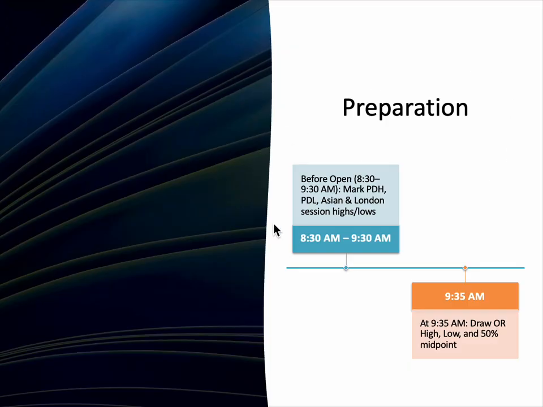Now, for preparation: what do you do before and during your day? Before, you're going to wait for market open. While you do that, from 8:30 to 9:30, or 9 to 9:30, you are going to be marking very important areas. You're going to be marking previous day's high, previous day's low, and Asian and London sessions highs and lows.